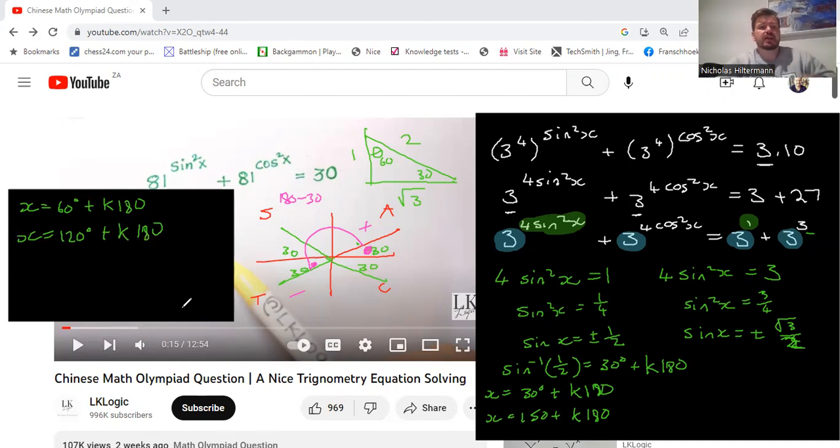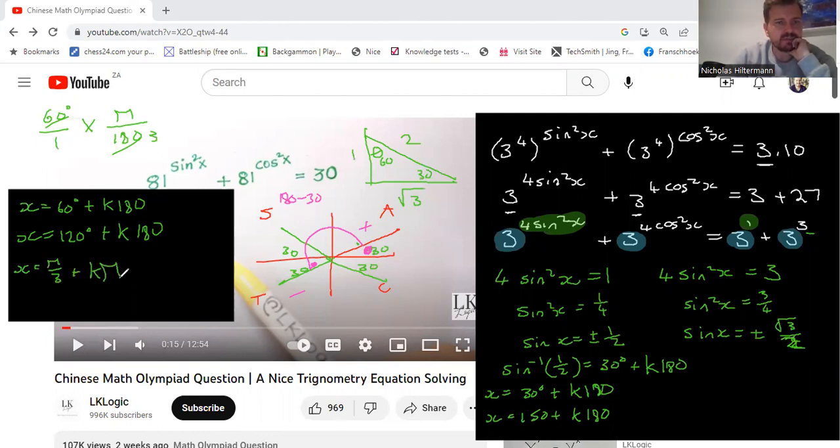Okay, now when you look at the other solution, you'll see it's in radians. So when we convert to radians, we times by pi over 180, right? And that's simple because you can see that the degrees cancel. So 60 becomes pi over 3. So the 60 will be pi over 3 plus k pi, since 180 times pi over 180, you see the 180s cancel.